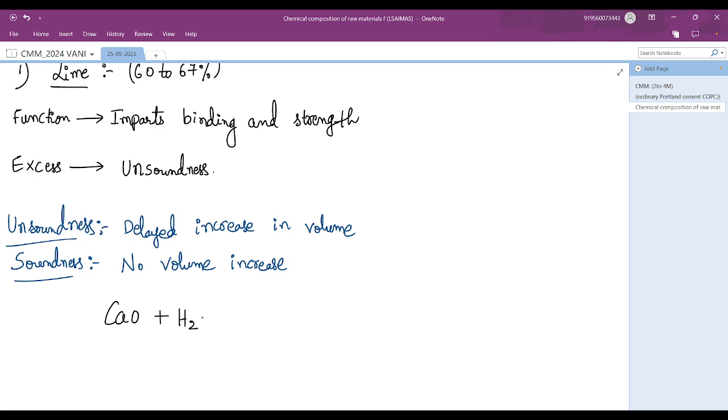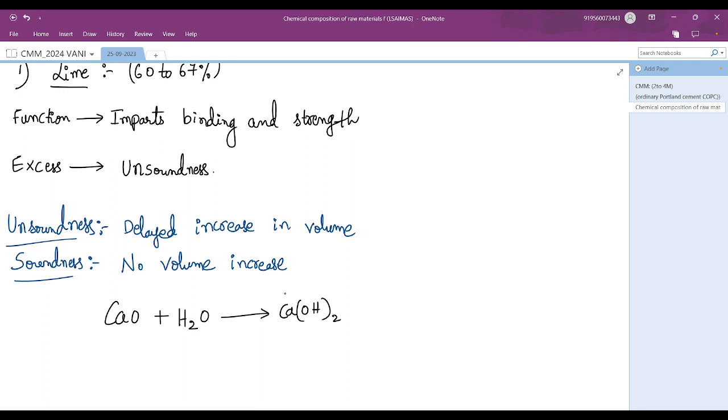So lime reacts with water and it gives rise to Ca(OH)2.